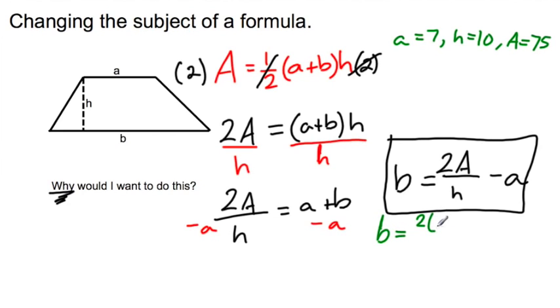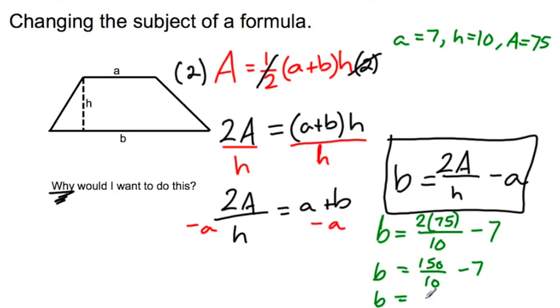So it's going to be 2 times 75 divided by the height, which is 10, minus 7. So then my answer is going to be b equals 150 divided by 10 minus 7. Order of operations, 150 divided by 10 is 15.